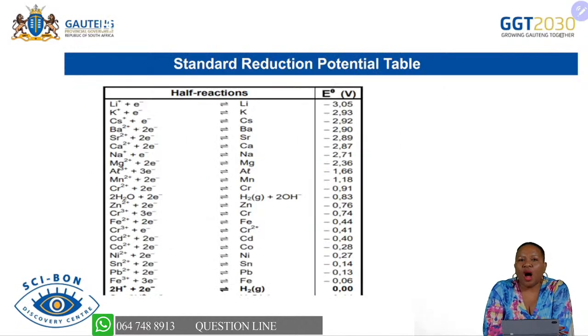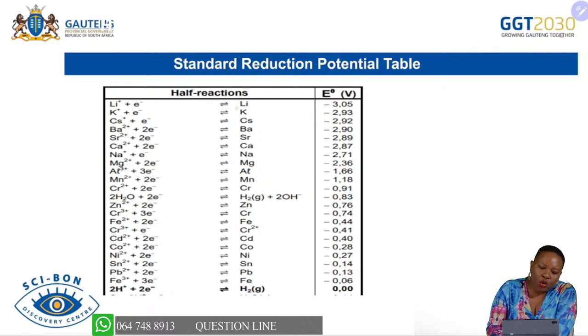Then, how are we now going to identify our half reactions? How are we going to identify which reactions undergo oxidation, which reactions undergo reduction? We are going to use our standard reduction potential table to assist us to choose the reactions, and also to say which reaction will undergo oxidation and which reaction will undergo reduction. When you look at the standard reduction potential table, you will see there are two sides.